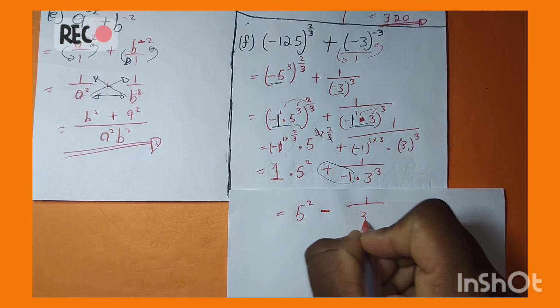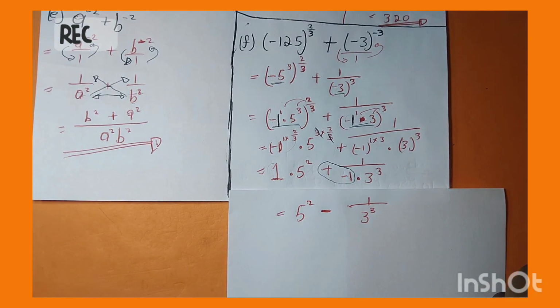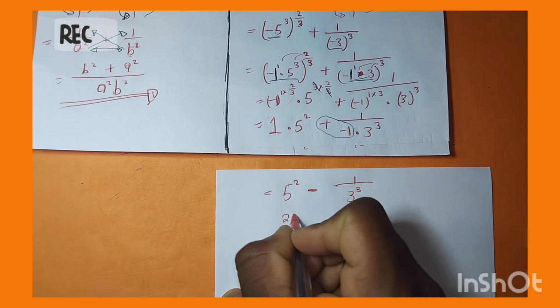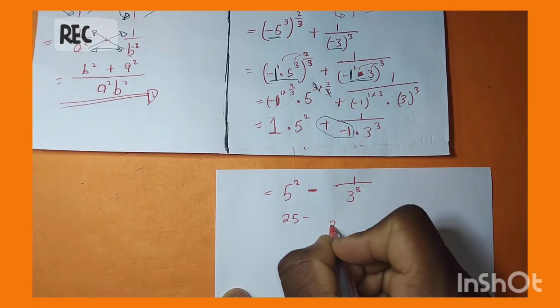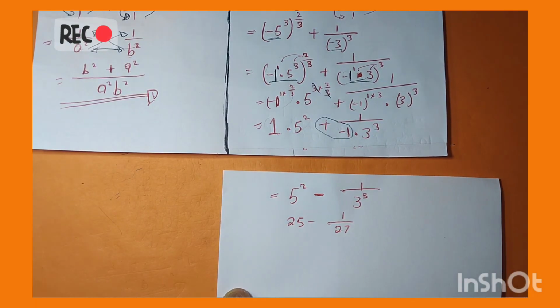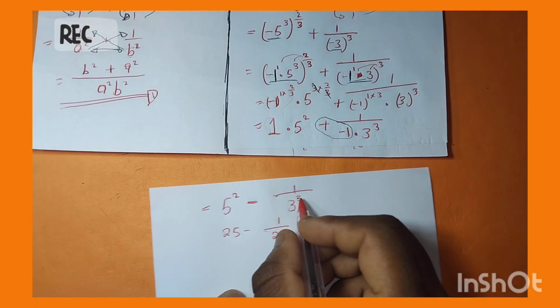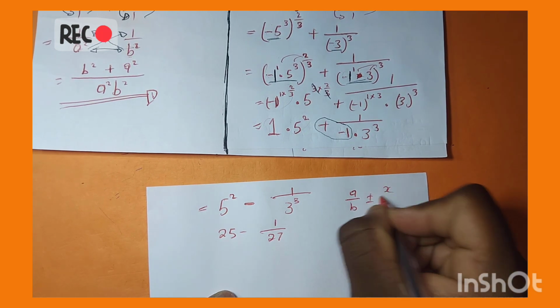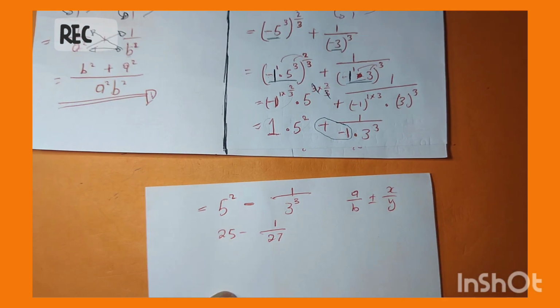So now here I will have this, as you can see, and now I have to simplify all of this to get my final answer. This one is 25 minus 27 divided by 1. And now, guys, please know that if you got something like this, plus or minus x, you apply a bow tie here.